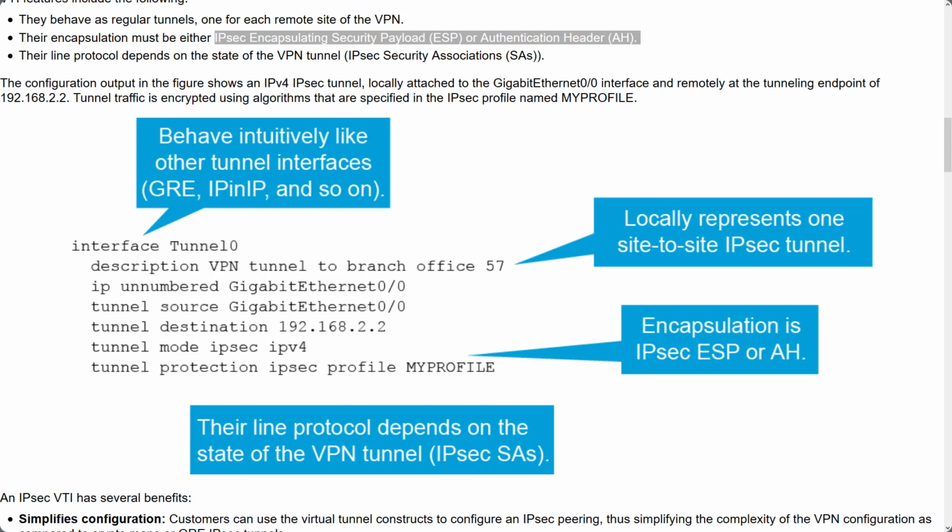Now, the profile itself, which we see referenced here as my profile, is going to define the IPsec parameters that are used for the IPsec encryption between the two different endpoints. All right, the transform set, which is part of that profile configuration, specifies which transform set is used for the crypto map entry.